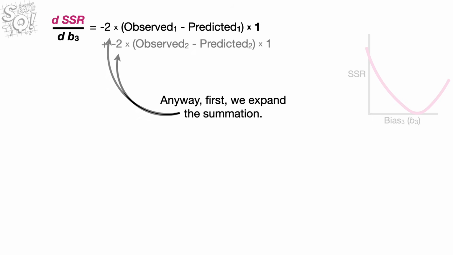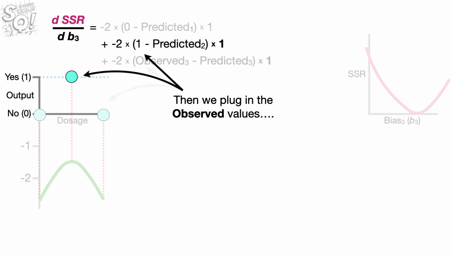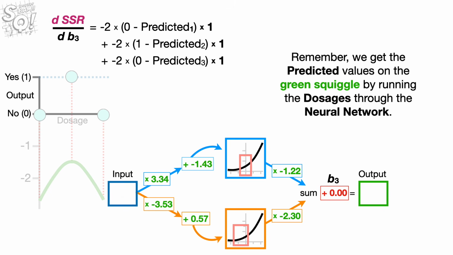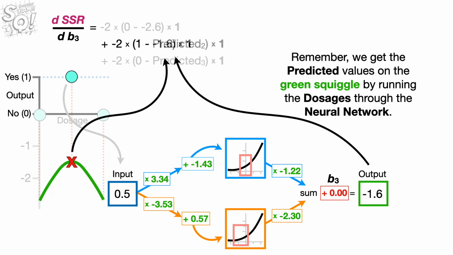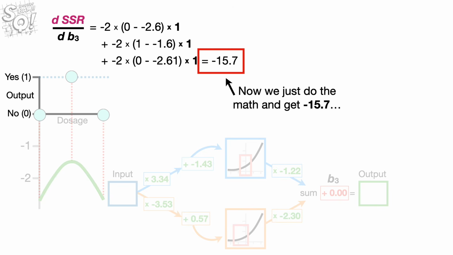Anyway, first we expand the summation. Then we plug in the observed values and the values predicted by the green squiggle. Remember, we get the predicted values on the green squiggle by running the dosages through the neural network. Now we just do the math and get -15.7.